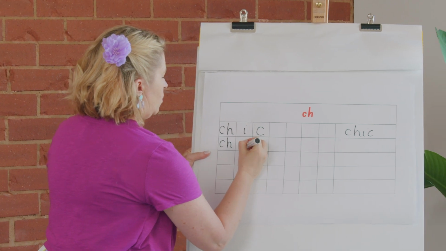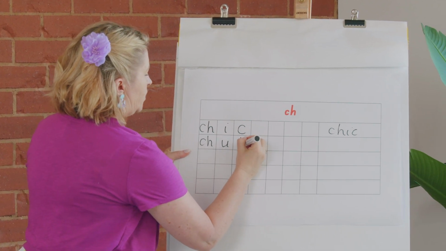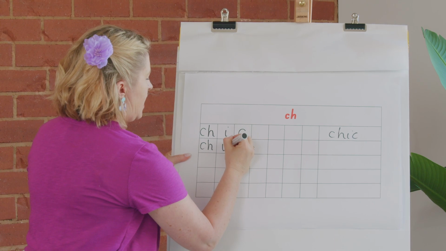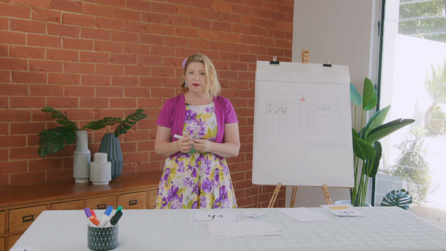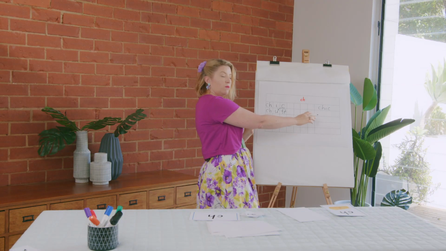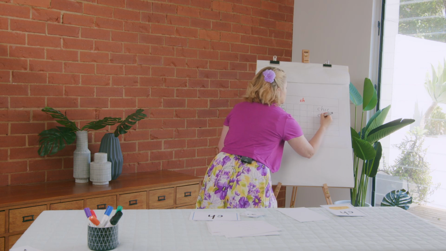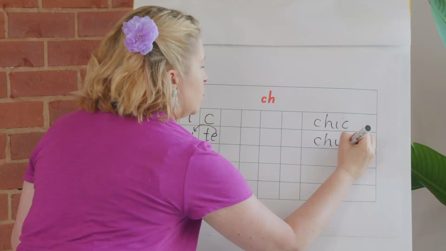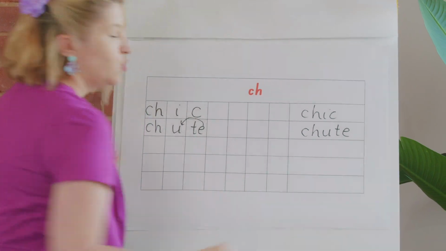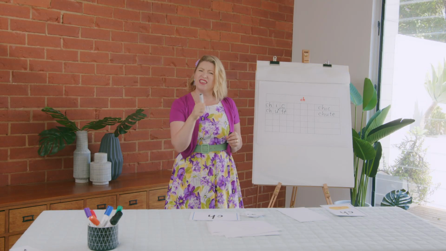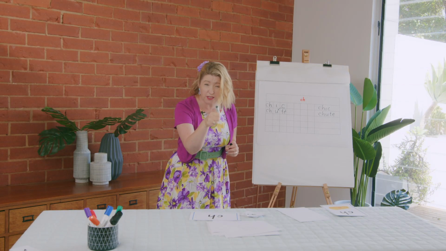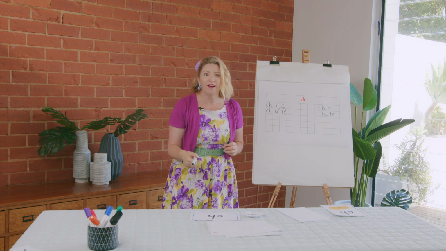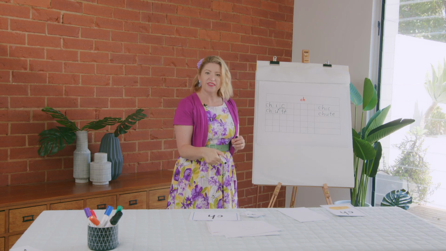Sh, oo, and we've got that E making that long split vowel sound in chute. Write the whole word. Sh, oo, t, chute. Well done. These are tricky words. If you can learn to spell these, you are doing so well. Are you ready for the next one?